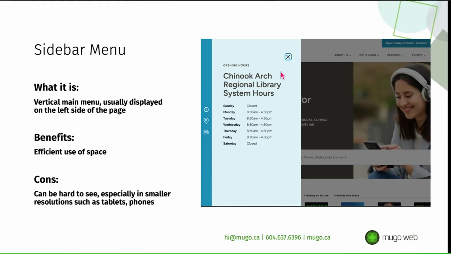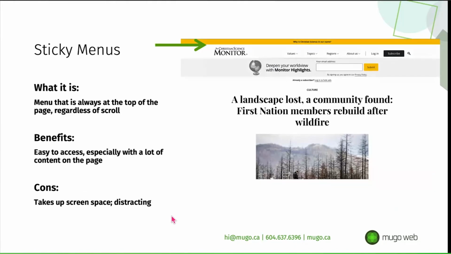This is obviously open. When it is collapsed, it is visible but doesn't take up a lot of space, but people can easily get hours, the location with a little map, and the most recent news article. So this is a good way of incorporating both of those into one instead of just having a sidebar menu or just having a horizontal menu.